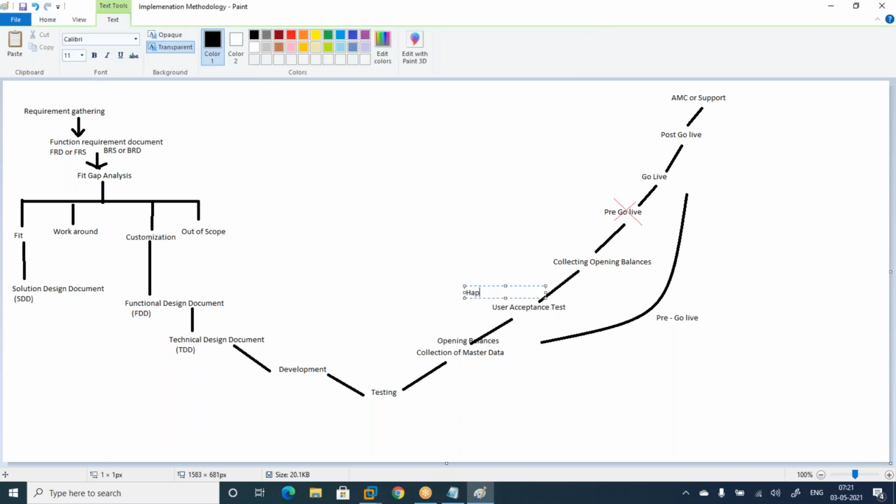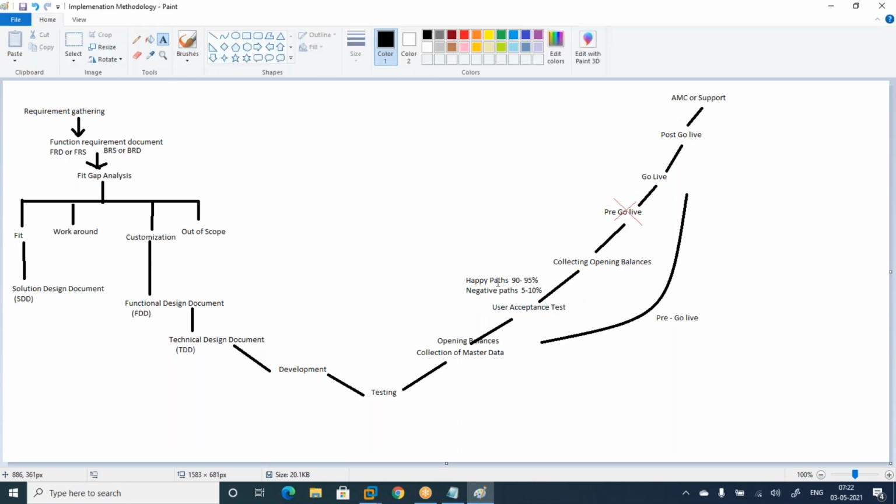One is happy paths, maybe 95%, and negative paths, meaning complicated failure scenarios, maybe 5% to 10%. So during this testing, business users need to test this as well as this also.